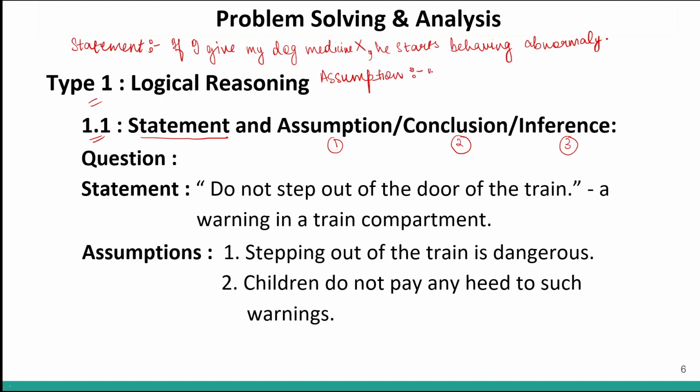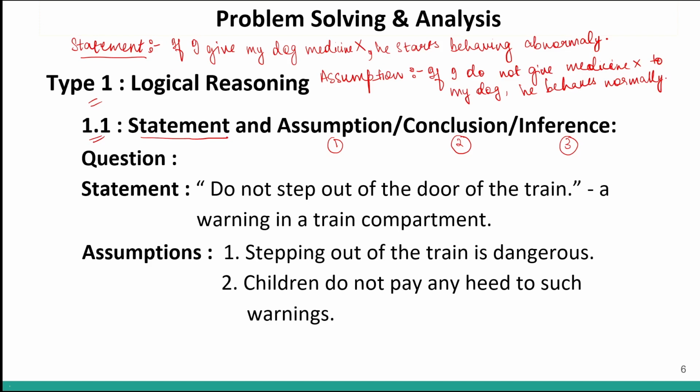I can say that if I do not give medicine X to my dog, he behaves normally. So the assumption is that if no medicine is given to a dog, he is behaving normally, because the statement says that only after giving medicine X the dog starts behaving abnormally.